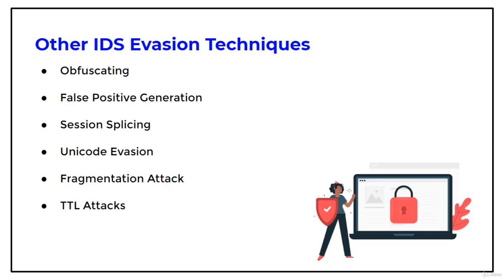Now in this scenario, the IDS will drop the fragment as the second fragment is received after its reassembly timeout, but the target system will reassemble the fragments. The attacker will keep sending the fragments with 15-second delays until the attack payload is reassembled at the target system.